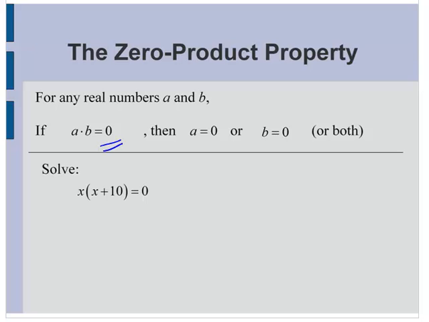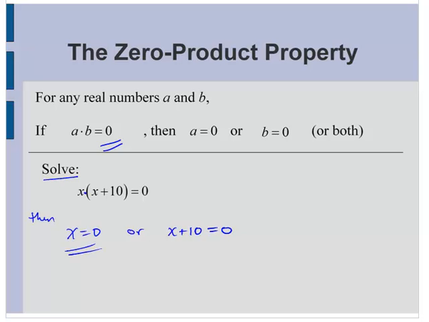So if we had x times x plus 10 equals 0, I have a product of numbers equal to 0, then x equals 0 or x plus 10 equals 0. Now we're asked to solve. So I want to find the values of the variable. I need to find the values of x.